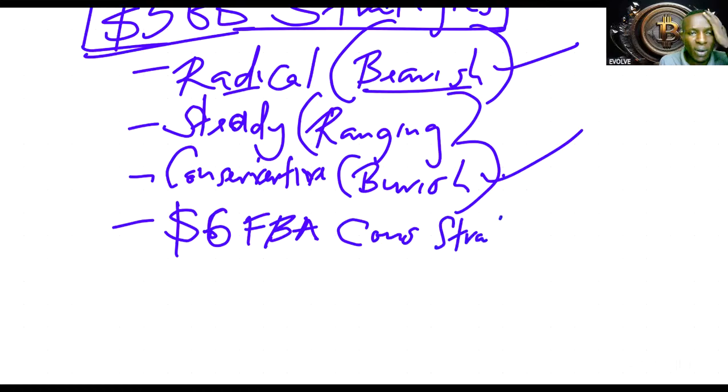Do you understand what I'm saying, you people? So this is the name of the strategy. $6 in fact. So meaning if you want to use first buying amount $6, this is the strategy you deploy in a conservative market. $6 FBA conservative strategy.